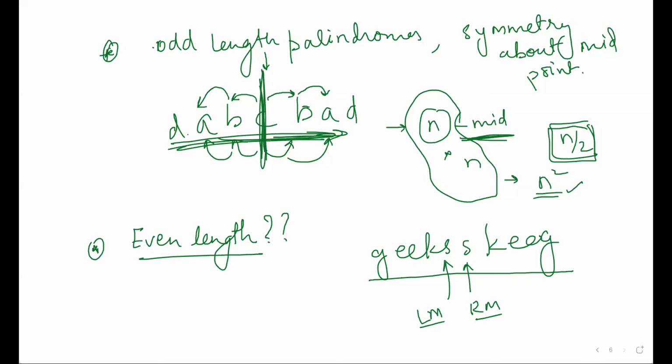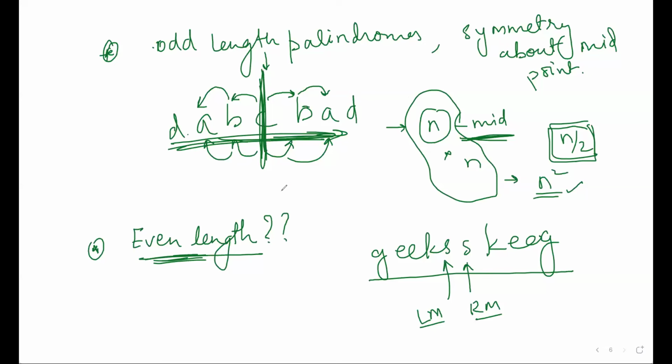Okay, let us go one by one. For even length, let us focus on one of the midpoints only. When LM is equal to RM, we will check whether LM minus 1 is equal to RM plus 1 or not, and continue. Yes, Navya, you are right. It is pretty simple again.